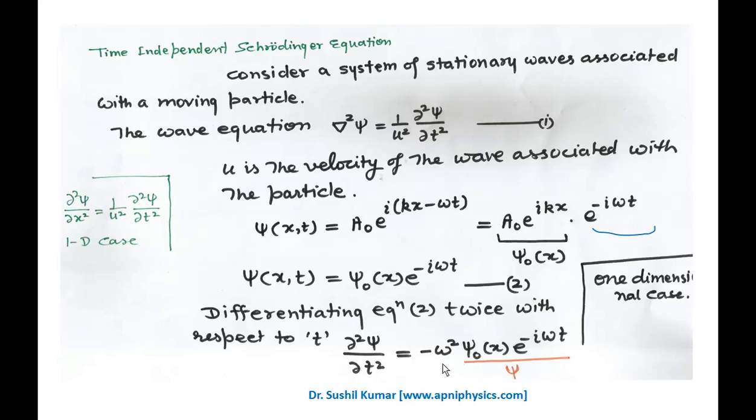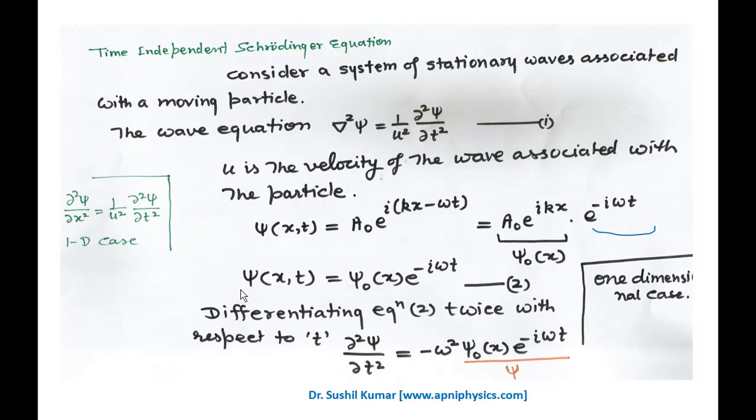So this becomes minus omega square psi. So this value of del 2 psi upon del t square is the right hand side of the wave equation, del 2 psi upon del x square is equal to 1 upon u square del 2 psi upon del t square, and considering the one dimensional case along the x-axis, this can be written in this way.